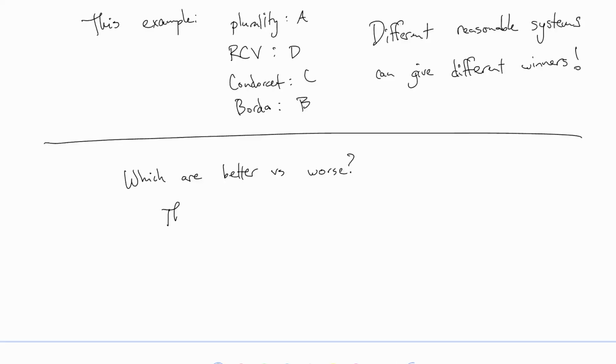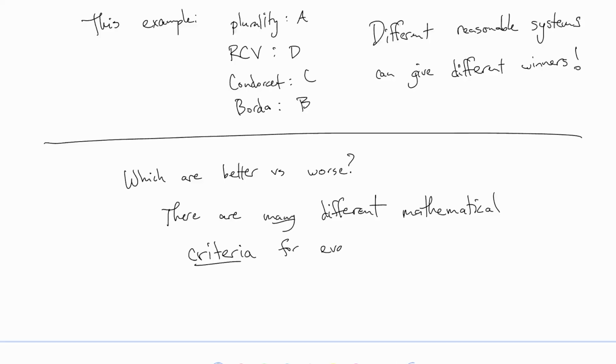And I will say there are actually many different mathematical ways to analyze these. I'm going to say mathematical criteria for evaluating which of these are good and bad in various ways.